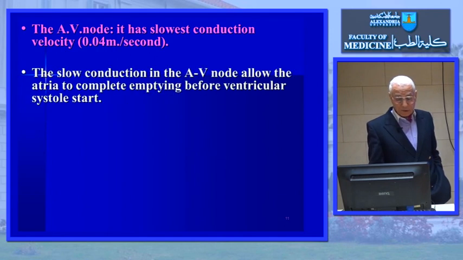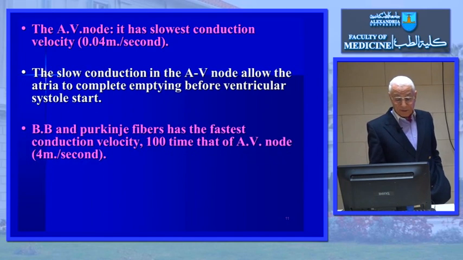The slow conduction in the AV node allows the atria to complete emptying before ventricular systole starts. The bundle branches and the Purkinje fibers have the fastest conduction velocity, 100 times that of the AV node, 4 meter per second.